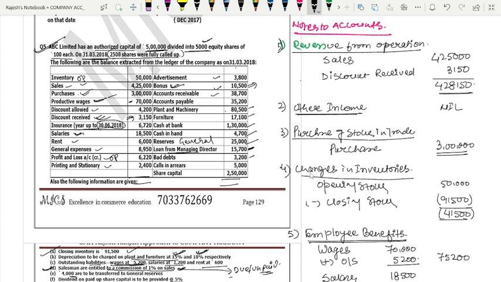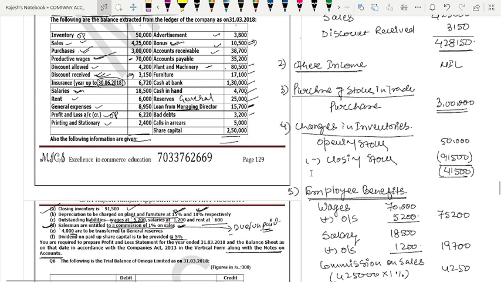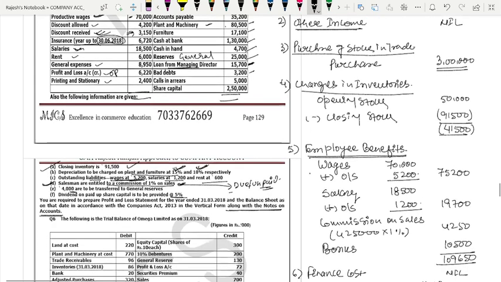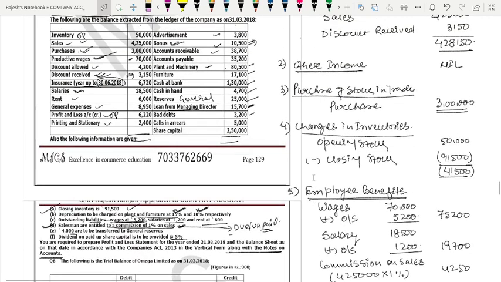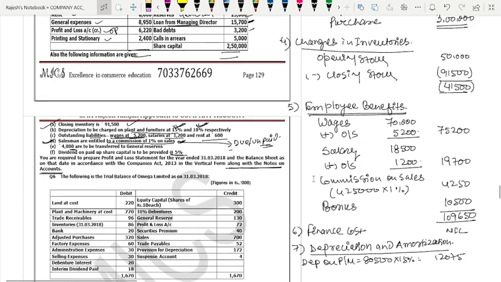Yes. 15%, 80,500 and furniture 10%. Depreciation on plant 80,500 multiplied by 15%, this will come 8,000 and then half, 12,075. And furniture is how much? 17,100.